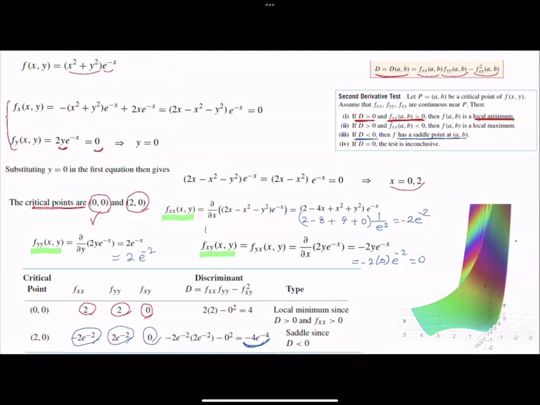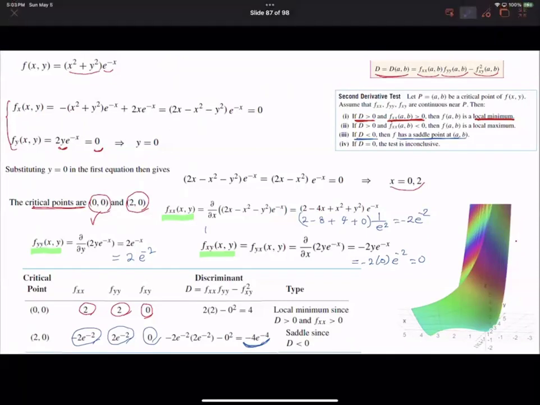You can visually take a look at the graph here and analyze it based on the graph as well. But when it comes to an exam, you need to do all the calculations and show the algebra behind it. So again, we took the partial derivative with respect to x and with respect to y, and set them equal to 0 to find the critical points.